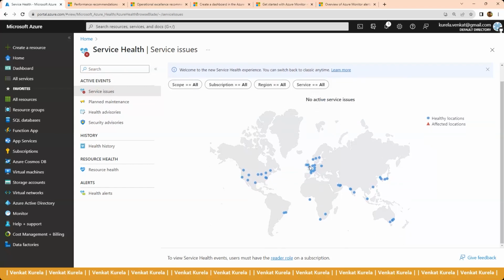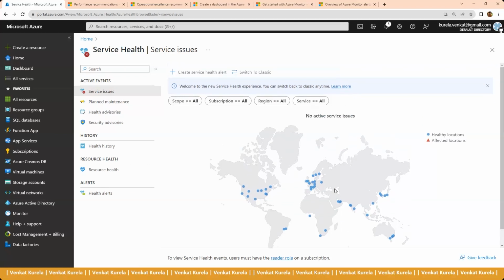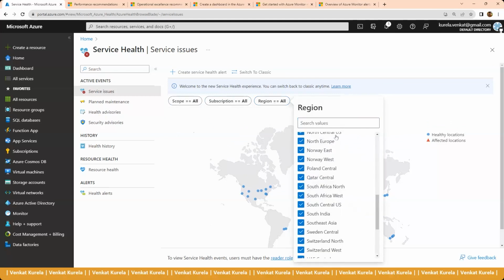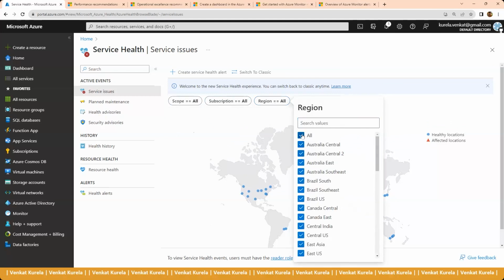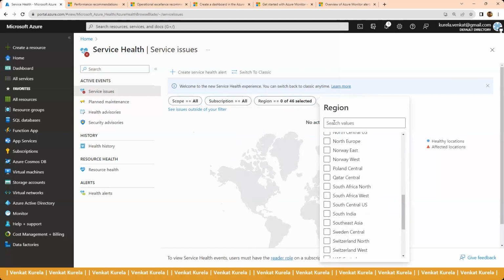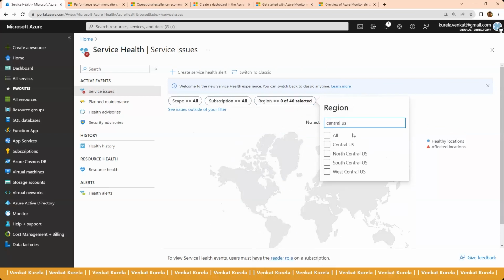Let's say you don't care about all the regions and all the services. There are only a few services and a few regions that you really worry about. So that's when you apply the filters. What is the scope? Well, all the tenants and all subscriptions. What subscription? Pay as you go is the subscription. What regions? Instead of all regions, you would say, I'm more interested in seeing Central US and Southeast Asia, which is Singapore.